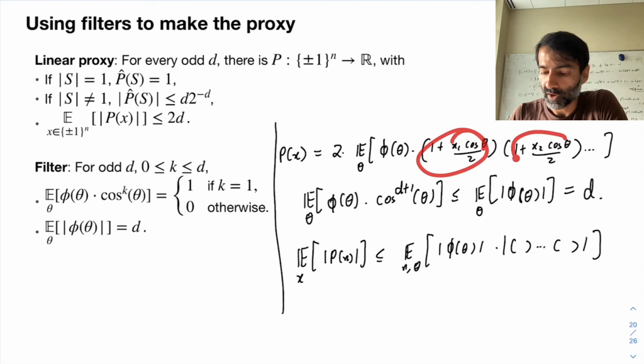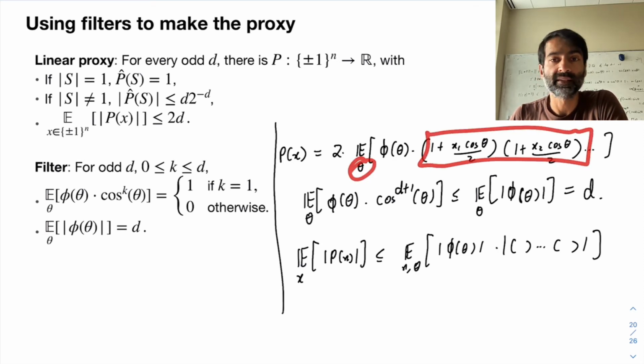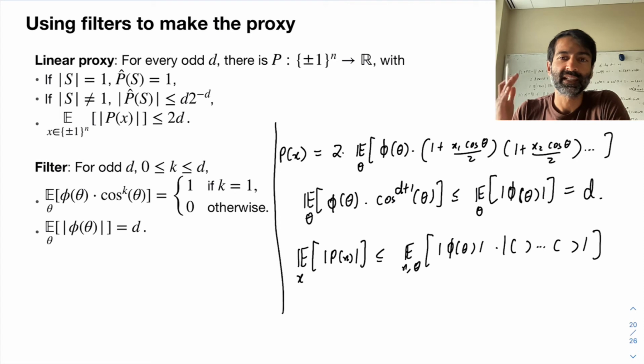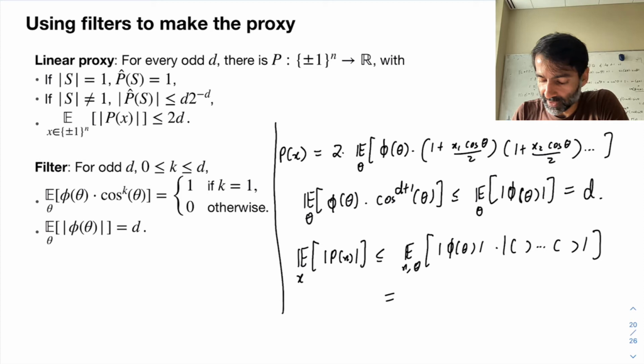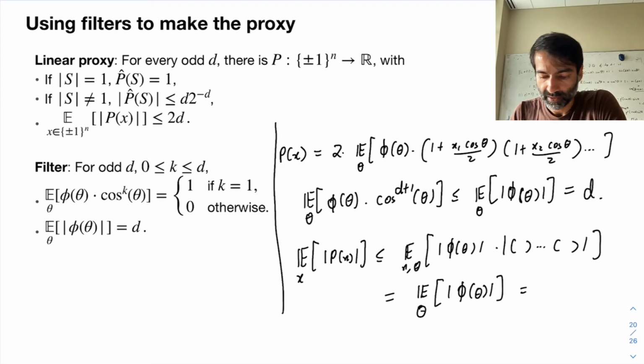And moreover, after you fix theta, the expected value of this product is 1, because it's the product of n independent numbers, each of whose expectation is 1. So the upshot is that this is equal to the expectation over theta of the magnitude of phi theta, which is equal to, I left out a 2, so there's a 2 here, which gives me 2d.